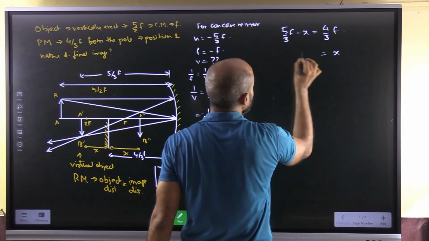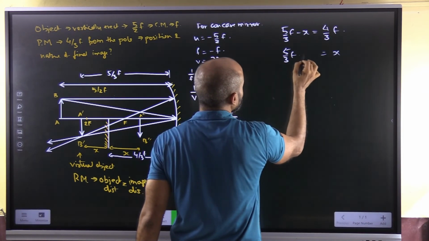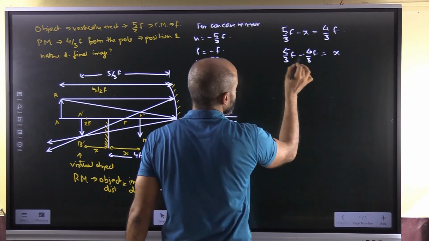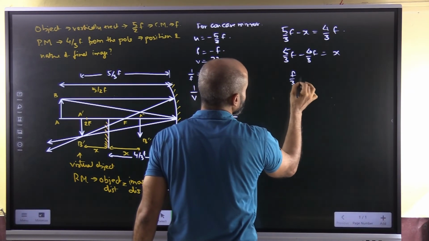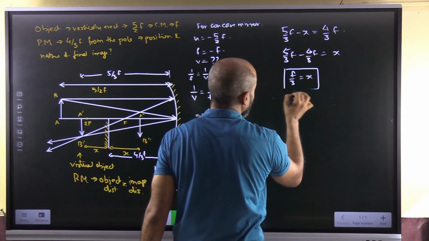So x will be equal to 5/3f minus 4/3f. So that will be f/3. So x has a value of f/3.